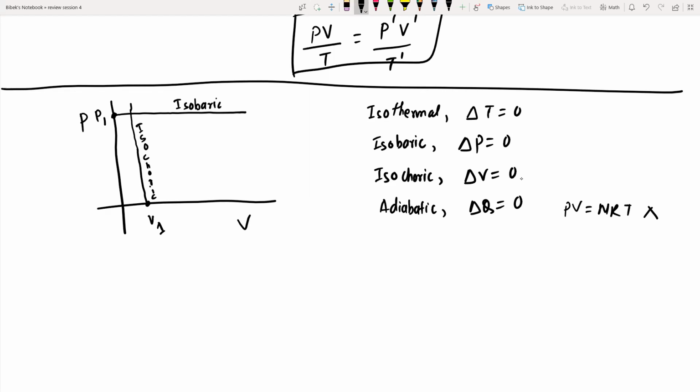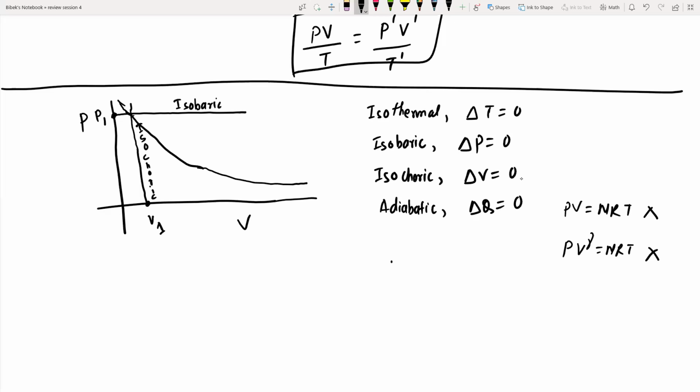In the adiabatic process, it is usually PV to the power gamma equals a constant, which you don't need to remember because it's not in your syllabus. The gamma is about 1.4 for a diatomic gas, and it is a positive value. When you draw the graph for isothermal, it will be curved like this. It's a hyperbolic function.